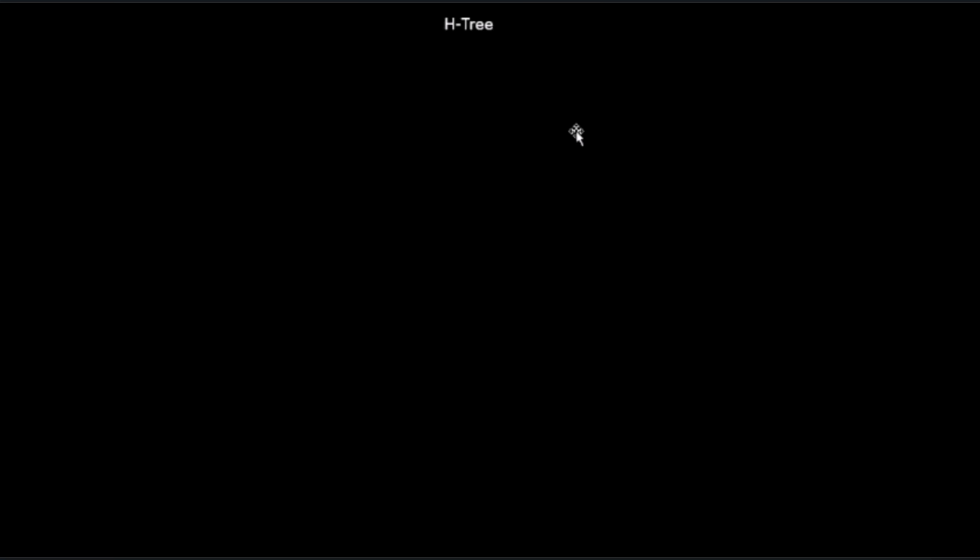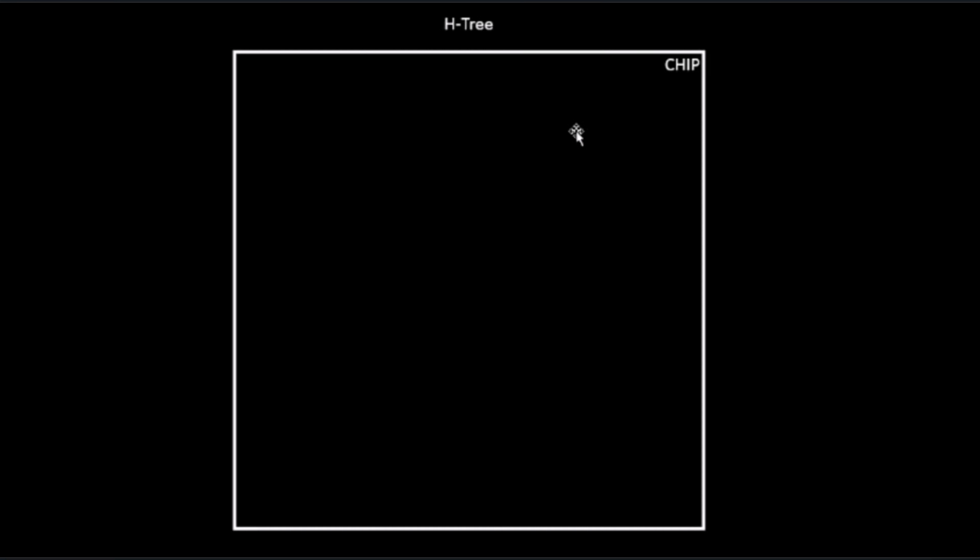So for example, we have this chip over here. We have the square chip. Usually when you see a chip, it is a square shape or a rectangular shape. For our case, we'll take a square chip, and we have 16 clock pins. Each dot represents a flop, and each dot represents the clock pin of the flop.